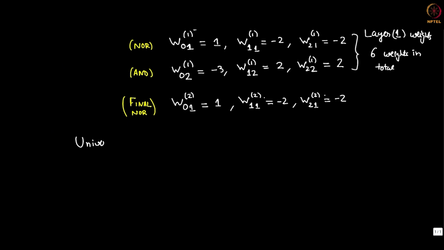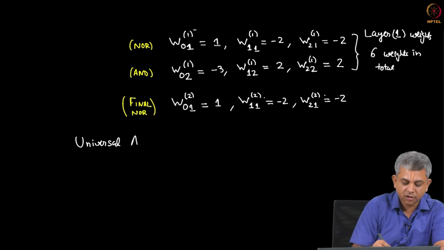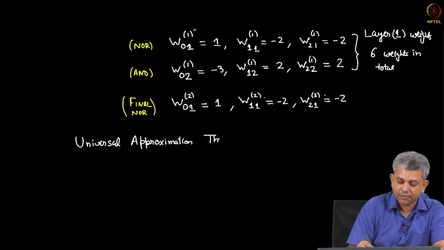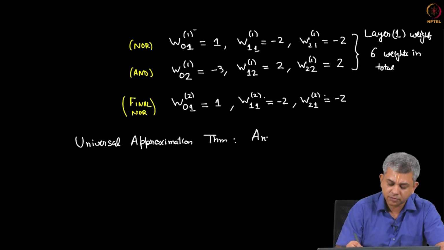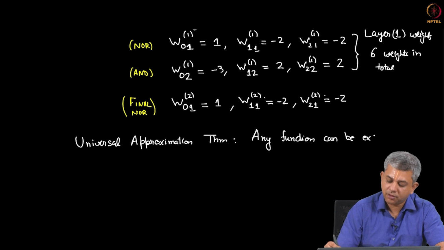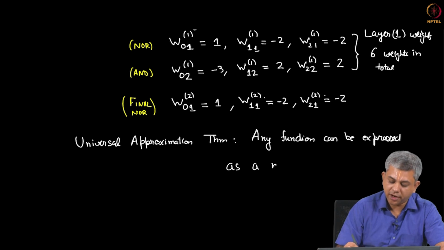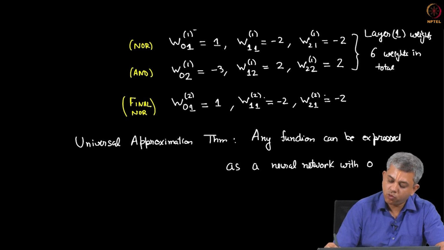It turns out there is a theorem called the universal approximation theorem, which I am going to define very loosely here, that any function can be expressed as a neural network with one hidden layer.